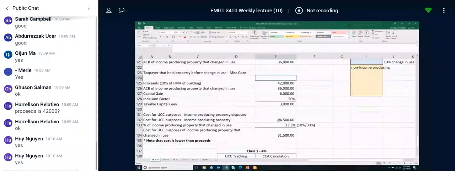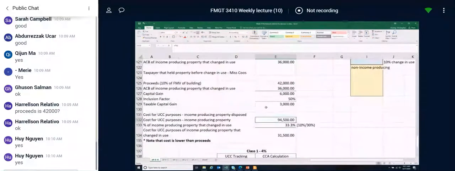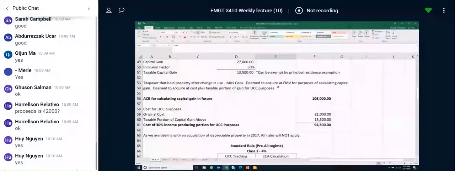Okay, so that's the capital gain part. Now here's UCC. So you have to remember, for UCC, you did not put 108 into UCC, right? When we go back here, remember, in the beginning we could only have put in cost plus the taxable portion of the gain.